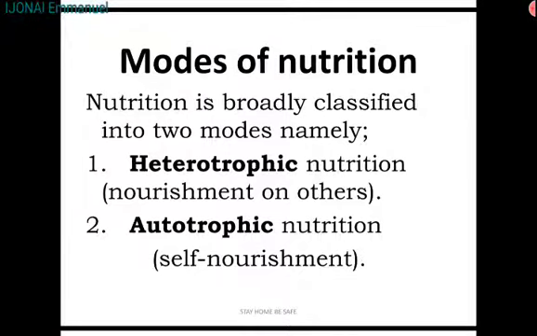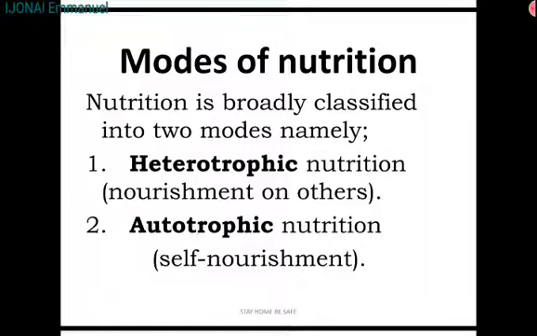Heterotrophic simply means an organism feeds on another organism or feeds on tissues from other organisms. For example, man eating maize, chicken eating grasshoppers, or bacteria feasting on dead decaying matter, for example, a dead decaying frog or meat.